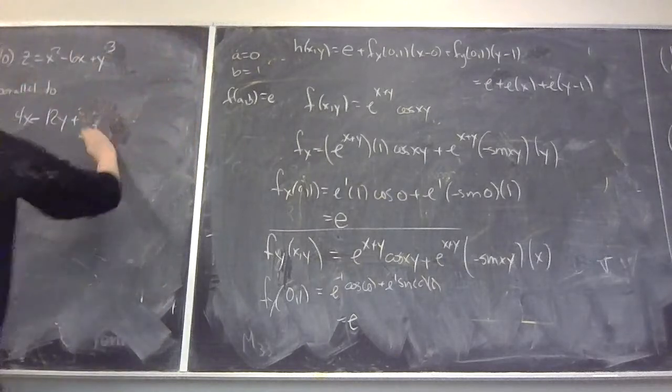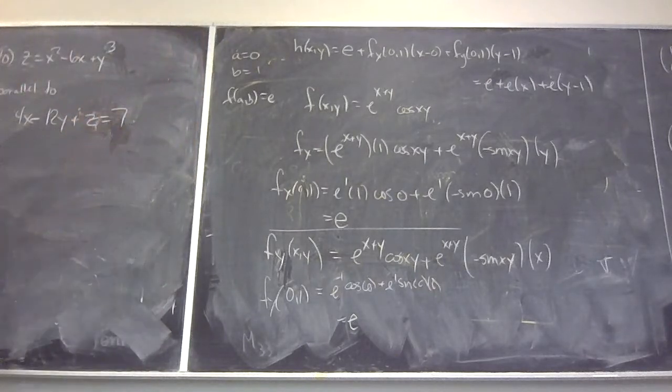Oh, man. Reading like this, like 6-point font on my screen too. So the idea here is really, when I say parallel to this plane, how do I detect if planes are parallel? The same normal vector, right? They say if the normals are the same, the planes are parallel. So what I'm going to do is the terribly intensive process of figuring out what the normal vector of this plane is.